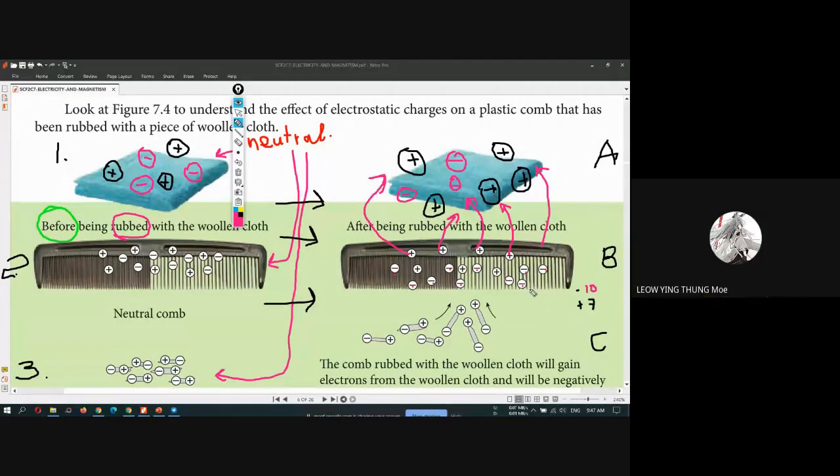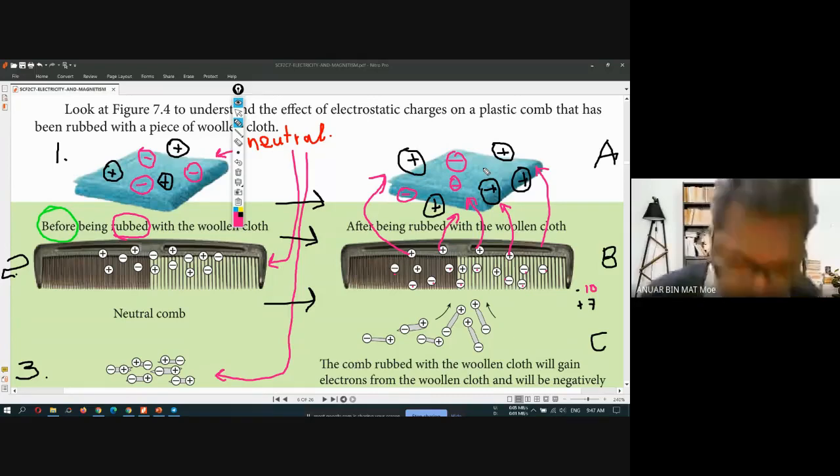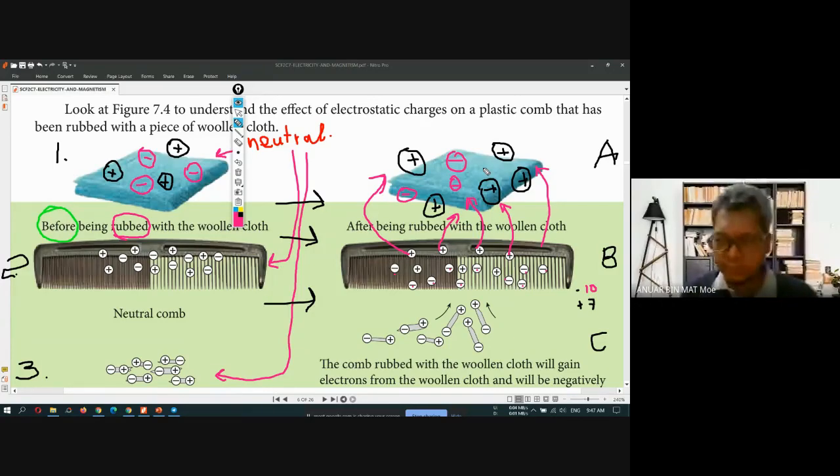After we rub it? Positive charge. Yes. The plastic comb will become negatively charged, and the woolen cloth will become positively charged because the positive charge on the plastic comb transfers from the plastic to the woolen cloth.